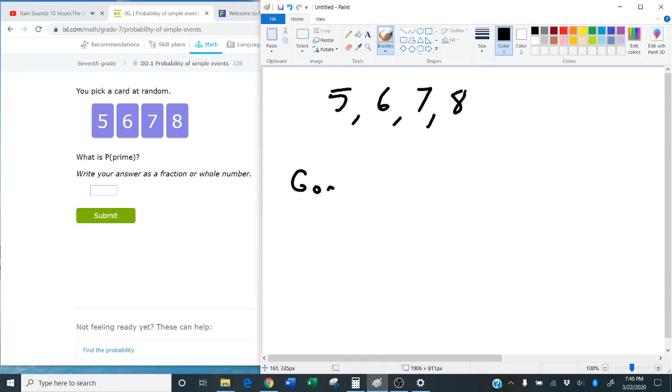And let's do our good over total here. Okay, how many of those numbers are prime numbers? Because those are the good numbers for this question. 5 is a prime number. You can only divide it by 5 or 1.